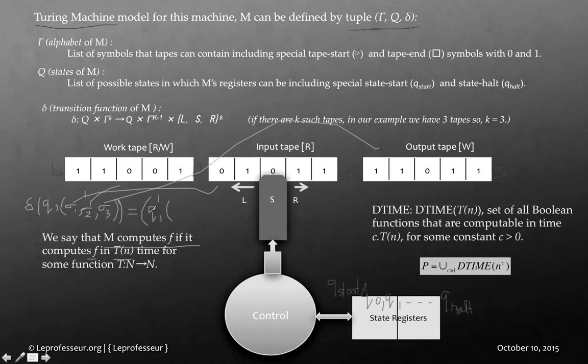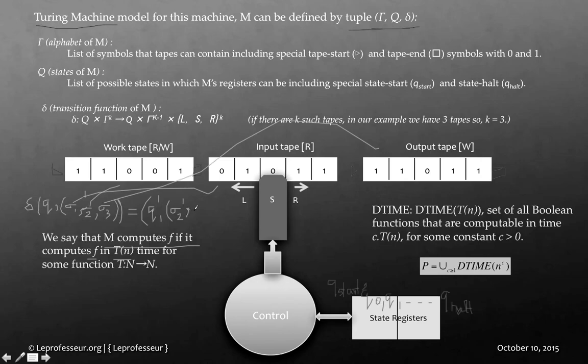Now we are going in state Q1, and what symbols do we have? The symbols on the working tape would be Q2, that's represented by tick.